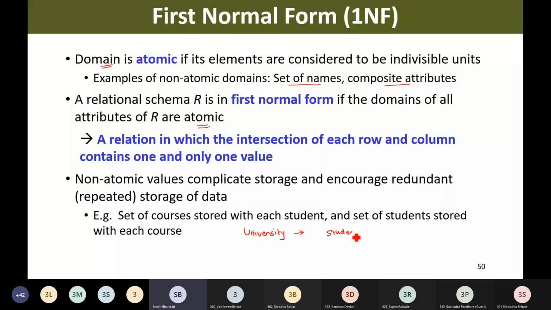that is one attribute or one column in my table, and the courses opted by the student.